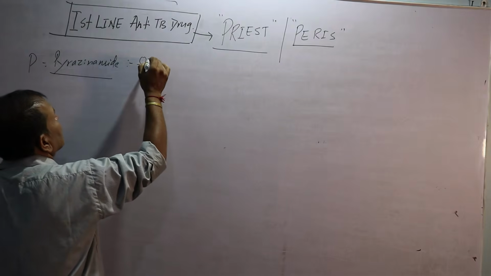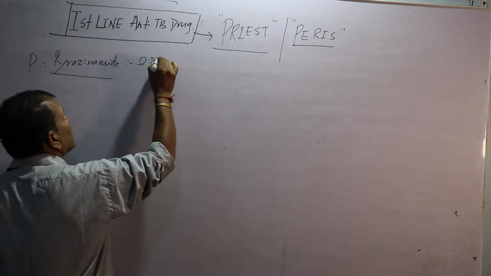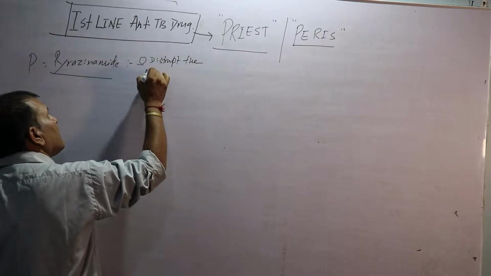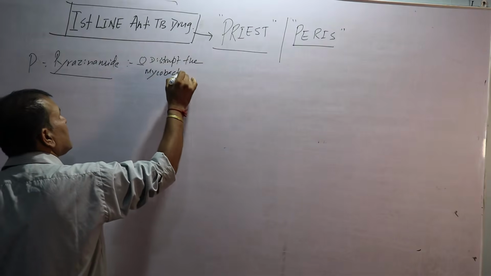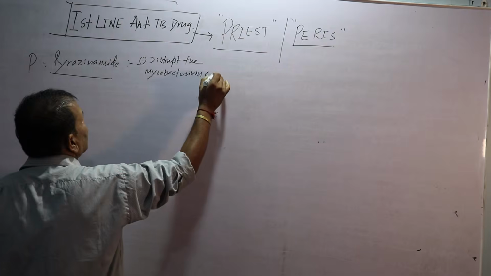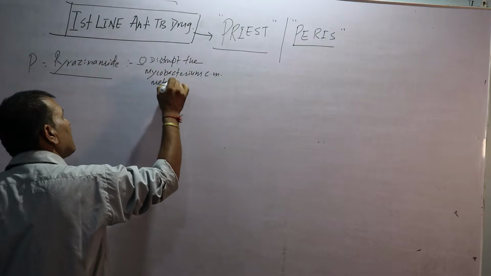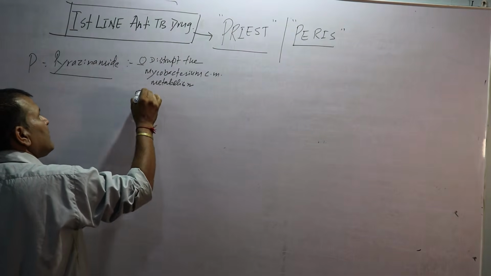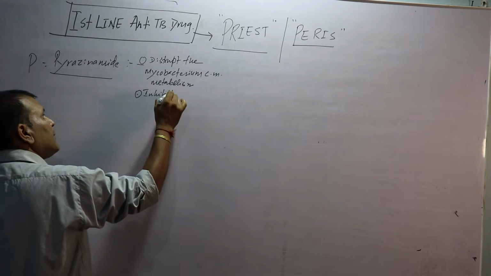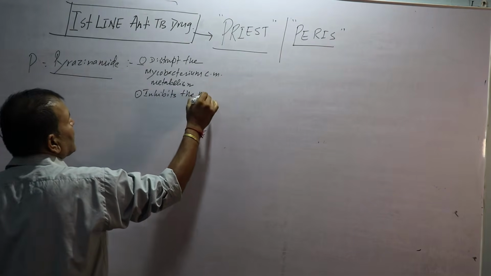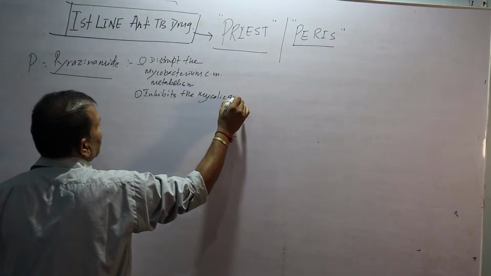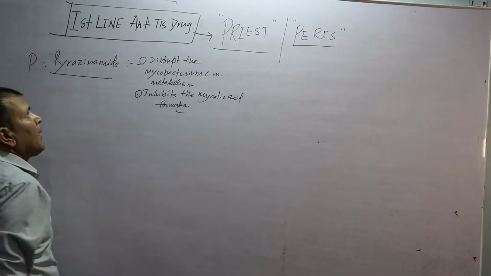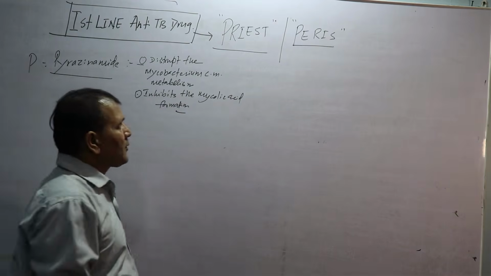First, it disrupts the mycobacterium cell membrane metabolism. The other mechanism is that it inhibits mycolic acid formation. So this is the mode of action of pyrazinamide.